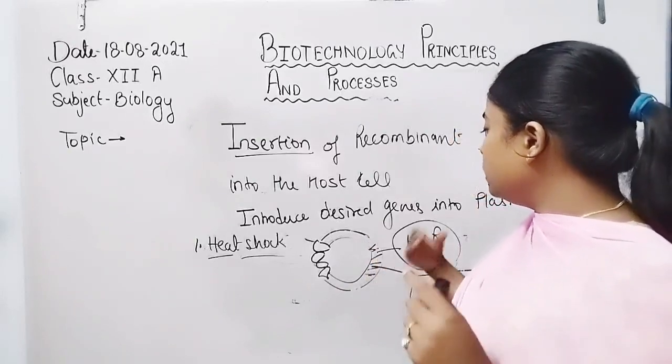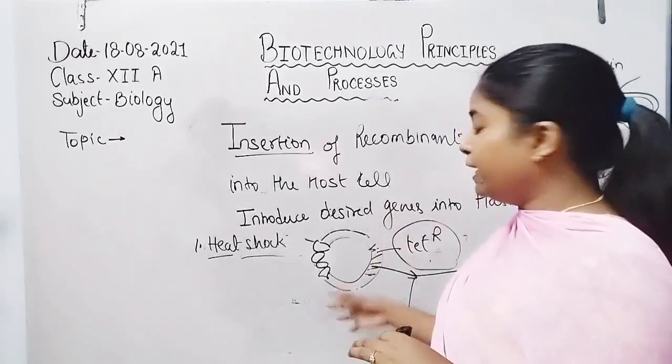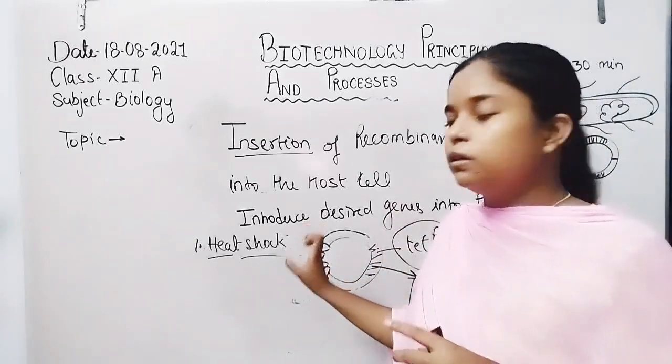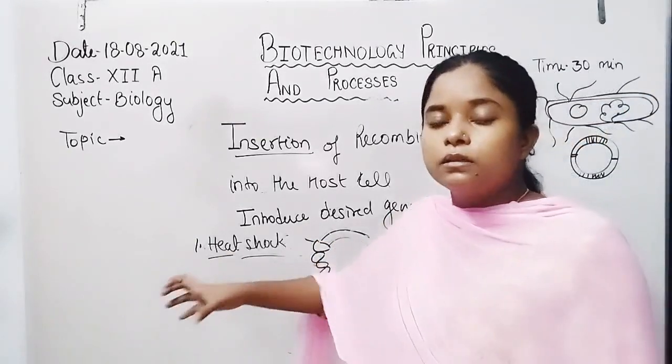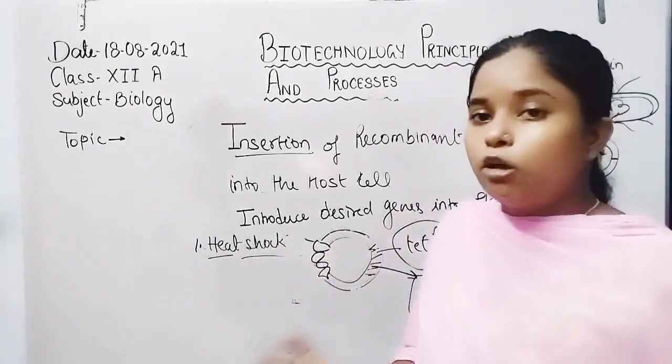So we generally manipulate the cell of E. coli so that it accepts the recombinant DNA.